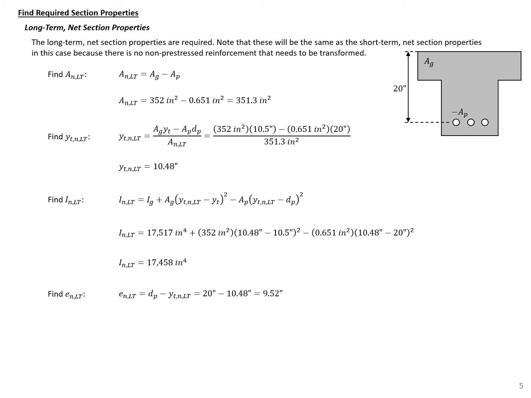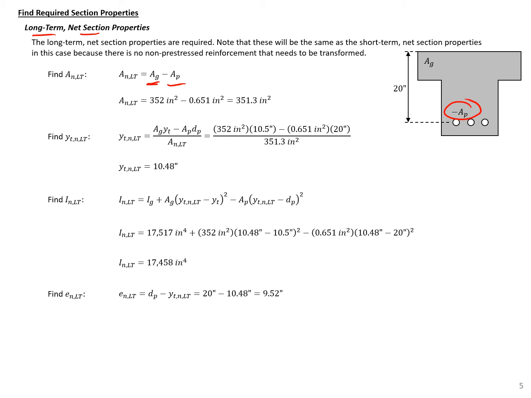Before we can find our stresses, we need to calculate all of our required section properties. And first, we'll find our long-term net section properties. We'll find these the same way that we did in our previous example, where we have our gross section and we're removing the area of our pre-stressing strands. So our net area is just our gross section minus the area of our pre-stressing strands.